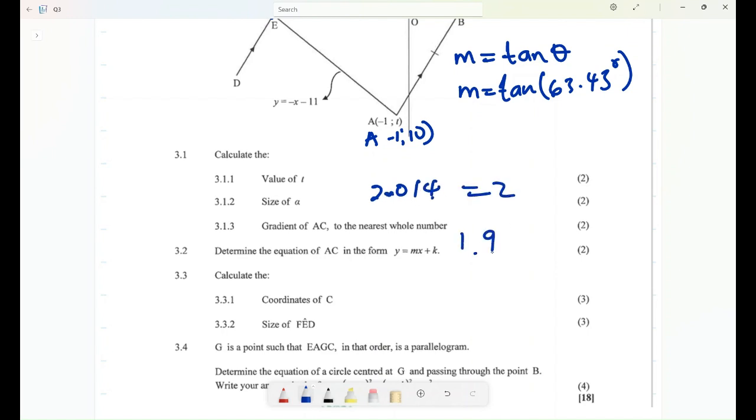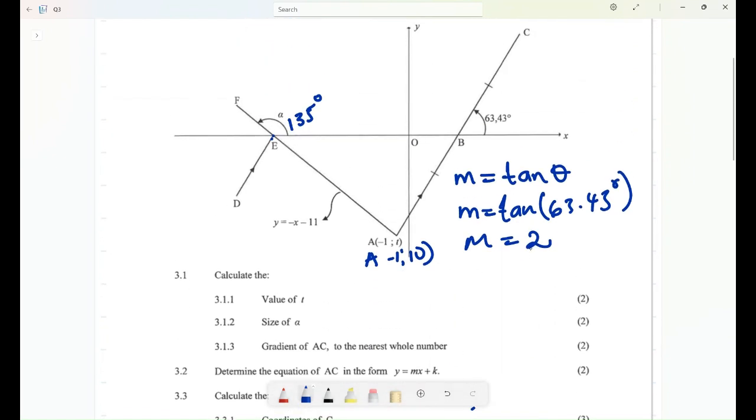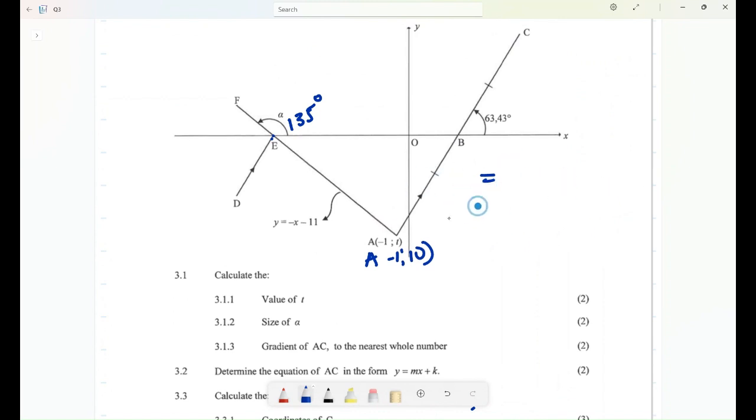If you have 1.93 or 1.88, it is also going to be equal to 2. Now let's see how much tan 63.43 gives us. It gives us something like 1.99. So now the gradient m is equal to 2. We have our gradient that is equal to 2.